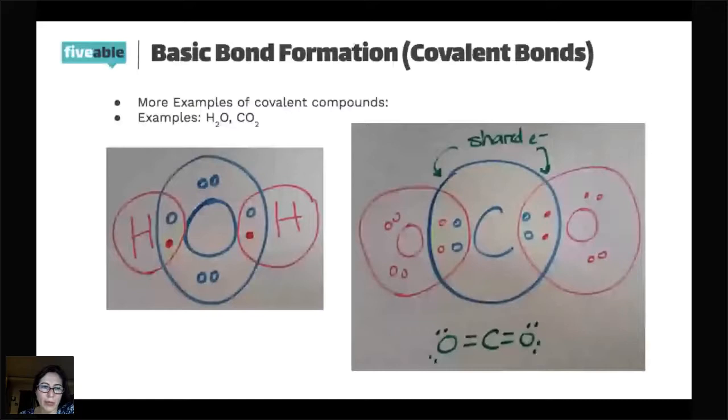Ionic bonds, the formula is a ratio, and it could be millions and millions of ions in the sample. And in here, we have just 1 atom of carbon per 2 atoms of oxygen existing in the carbon dioxide molecule.